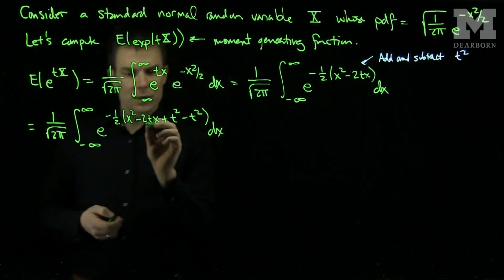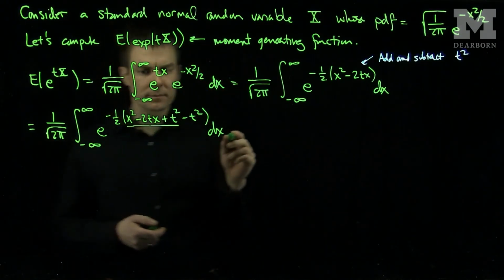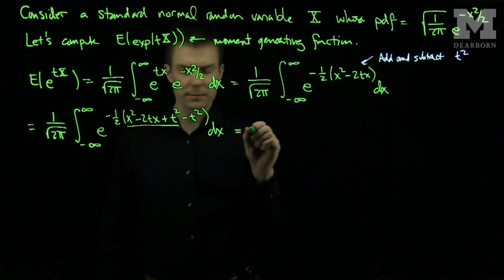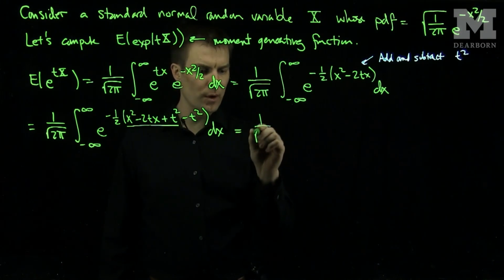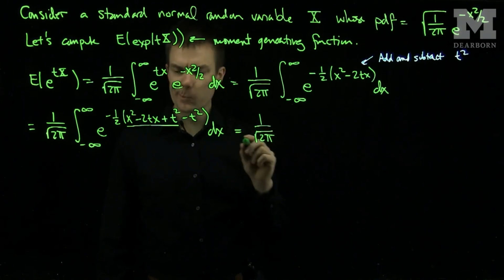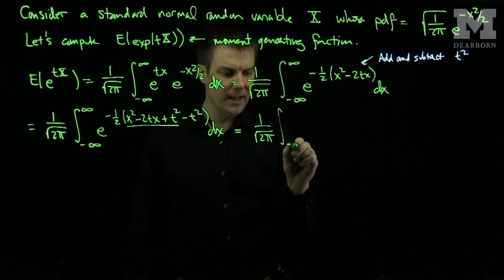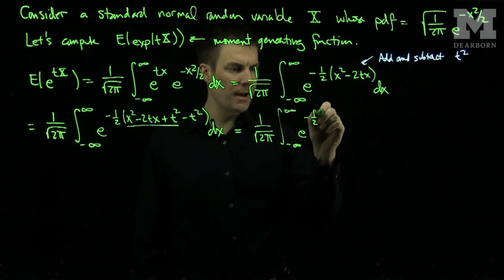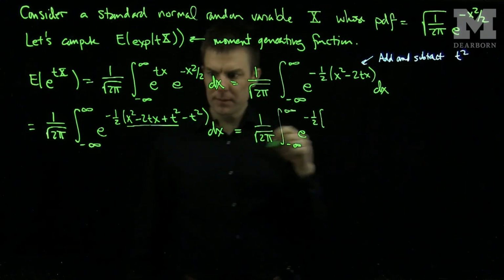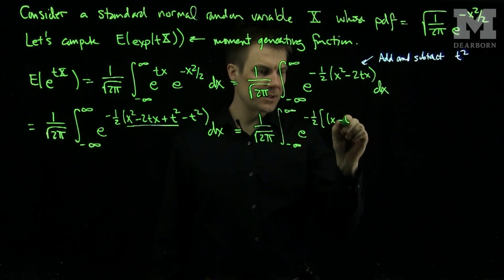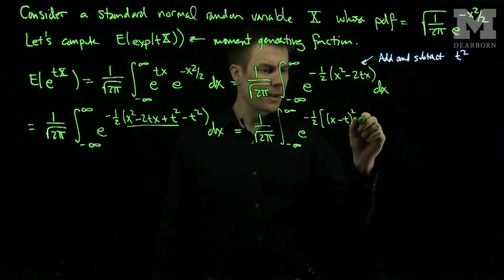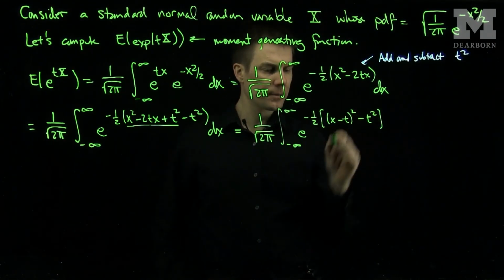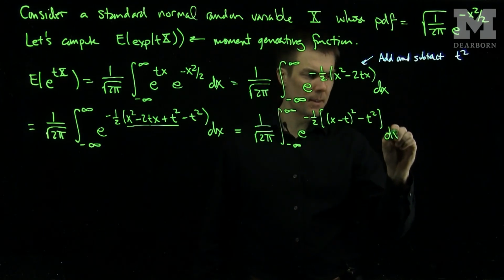And so now these first terms over here are a perfect square. And so what we have is 1 over the square root of 2 pi, integral from negative infinity to infinity of e to the negative 1/2, and then this will be x minus t quantity squared, and then minus t squared dx.